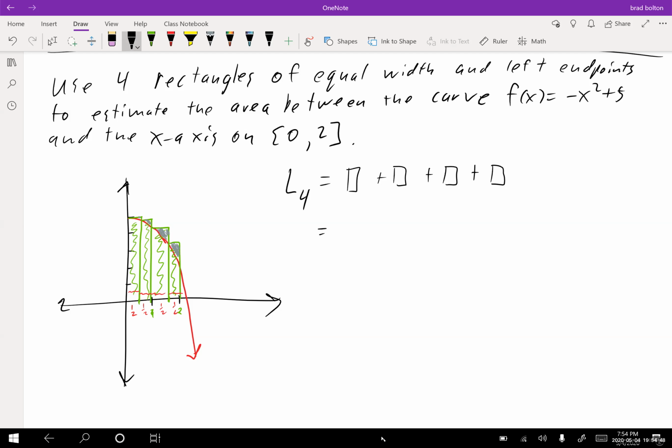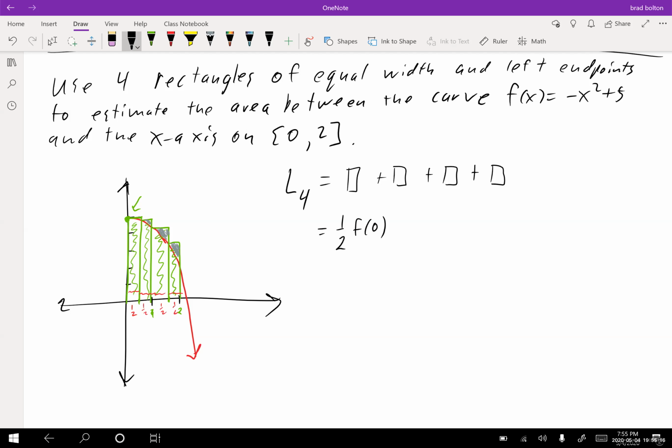So the first rectangle has a width of 1/2, and its height would be f of 0, because think about this. Right here, what's the height of that rectangle? Well, it had to touch the parabola, so its height is f of 0. When you plug 0 in for your x coordinate, what would your height be?